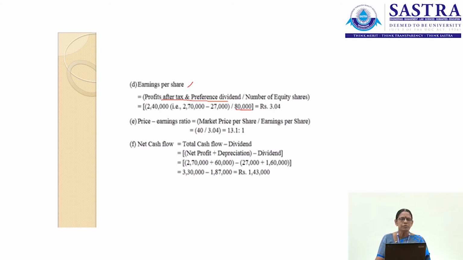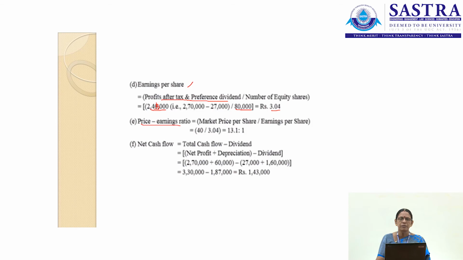So, 2,43,000 is the profit after paying off your preference dividend, that is 270 minus your 27. So, it is 3.04.